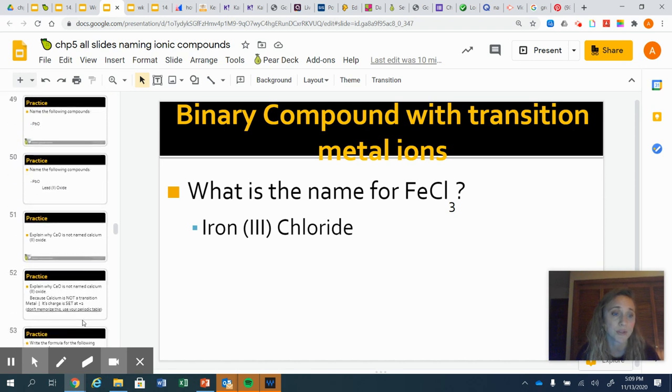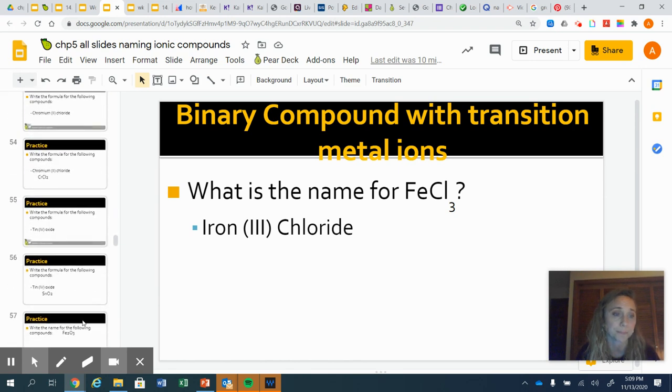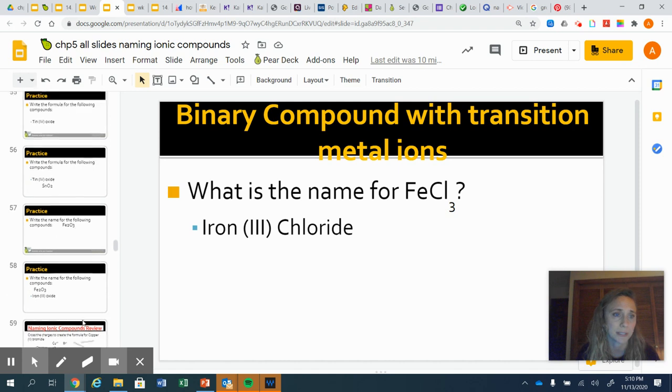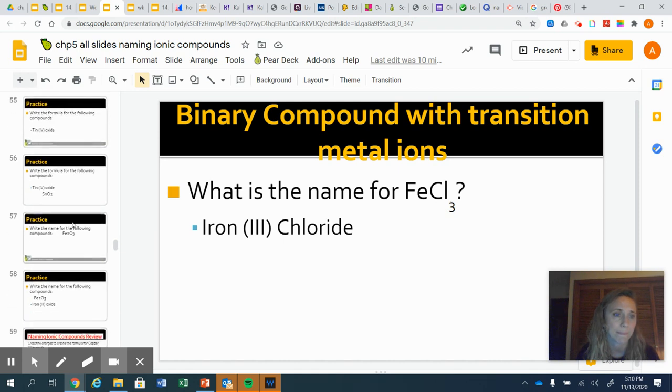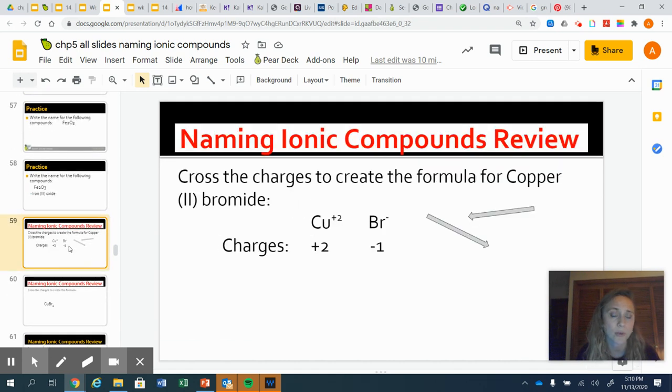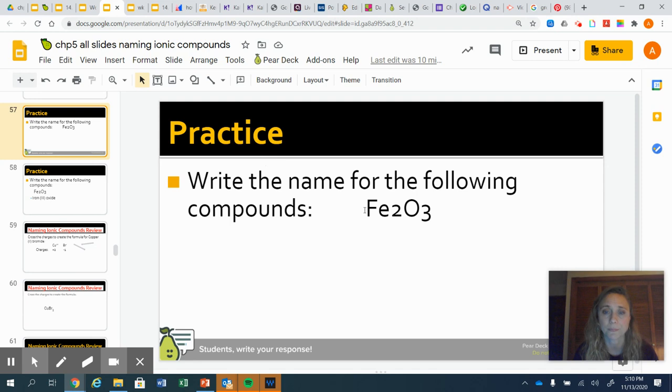Let's try one that's just a little bit harder where it's not completely obvious. Okay. And I want to show you a trick. All right. So for starters, let's try iron oxide. Okay. Iron oxide, but we need to know if it's iron +2 or iron +3 because we don't know.